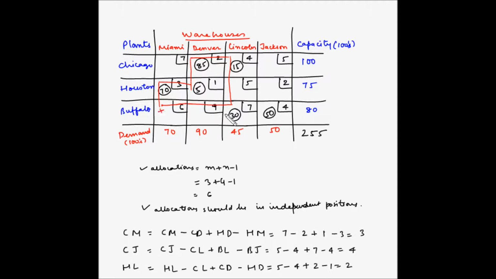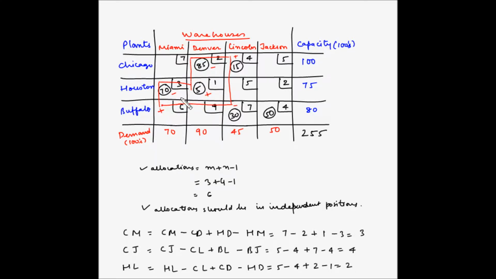So this is plus, minus, plus, minus, plus and minus. Now the next step is to subtract the smallest of the figures from each square at the negative sign on the closed path and add it to each square at the positive sign on the path.